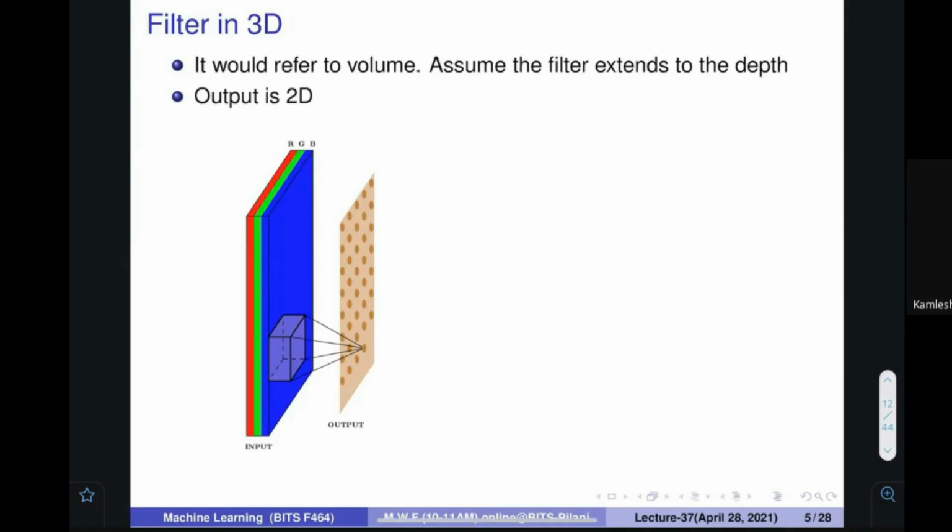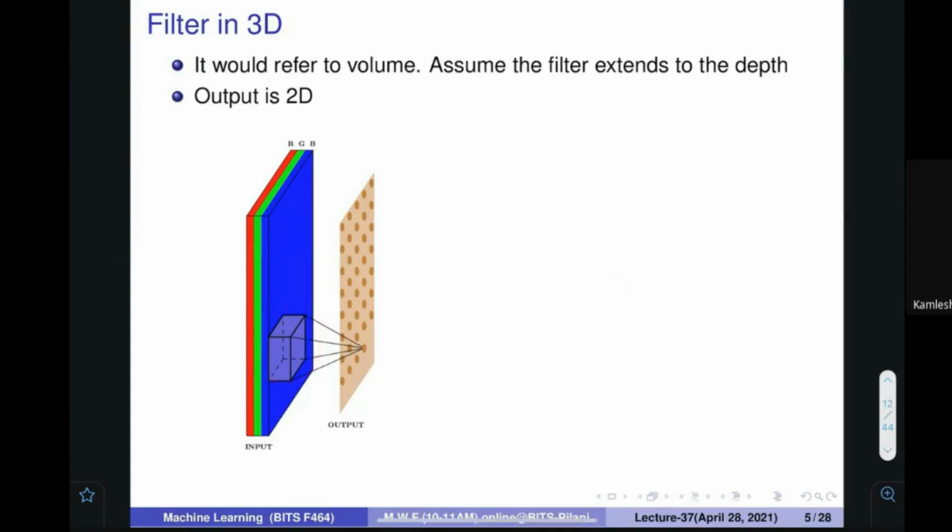RGB, three planes you have. That would actually not be a right idea, because if on a single pixel you want to find out what is the representation of that thing, you should go into depth also. This brings us to the very important idea that this filter should not be only 2 dimensional. It can also be a 3 dimensional filter.